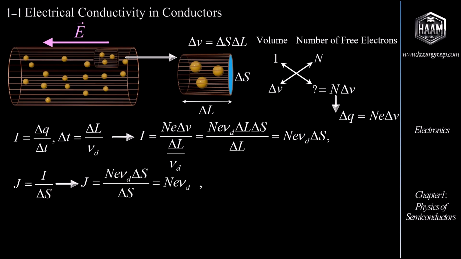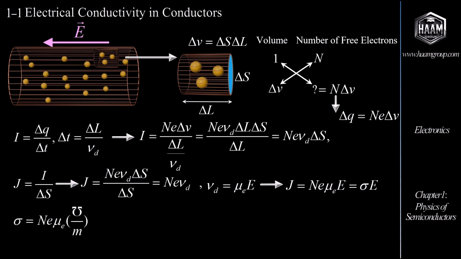J equals n e v_d. And since we know that the drift velocity v_d equals the electron mobility multiplied by the electric field intensity, substituting gives us J equals n e μ_e E, which we set equal to σE.